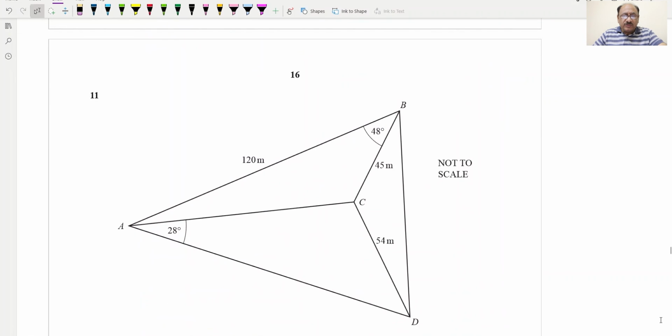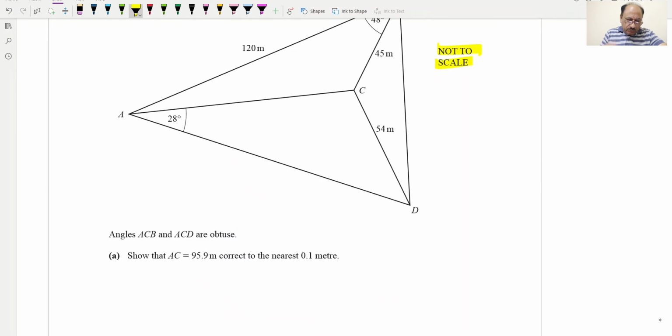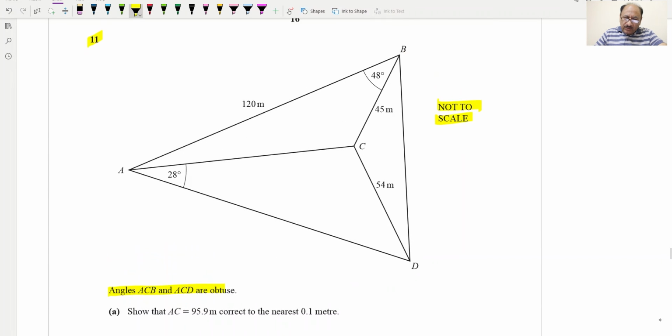Hopefully you understood this. Now question number 11, again the diagram provided is not to scale. We can't measure anything from this triangle. So angles ACB and ACD are obtuse. ACB is this angle and ACD is this angle.